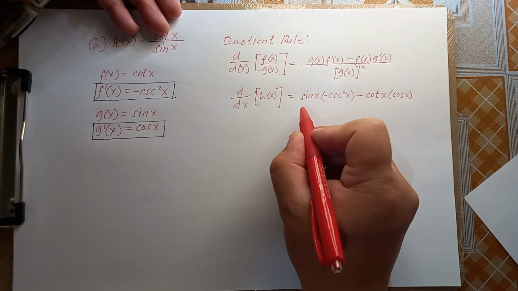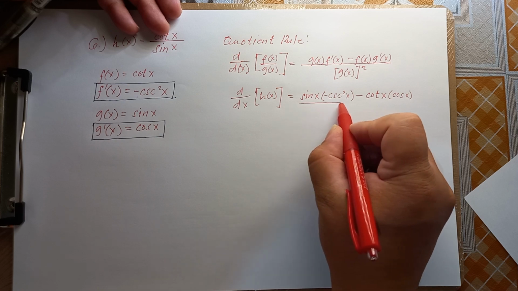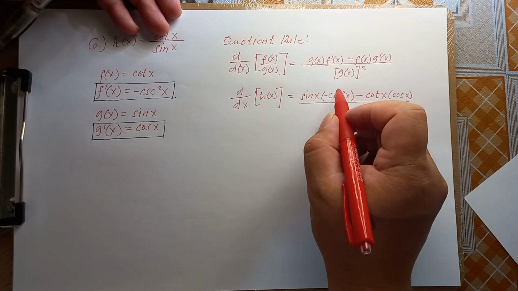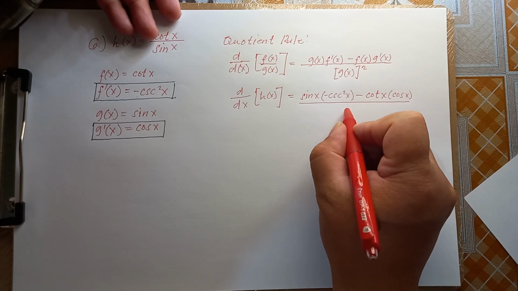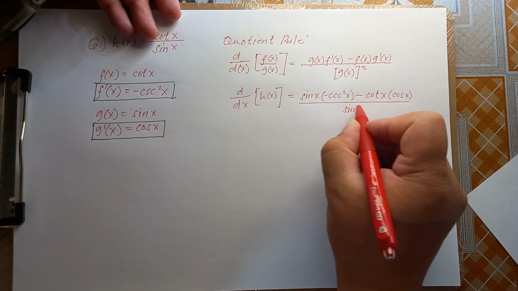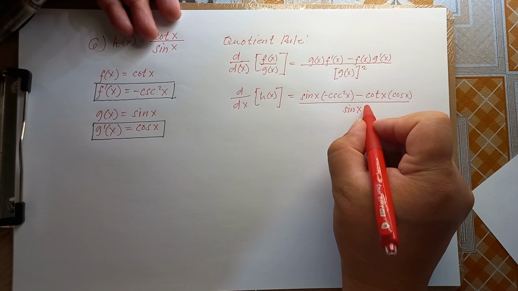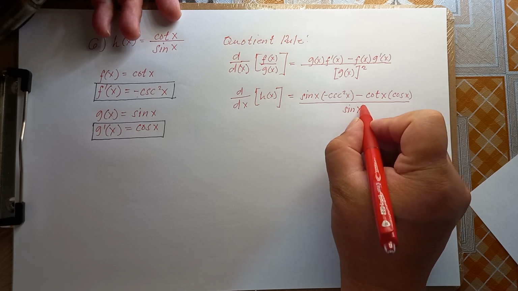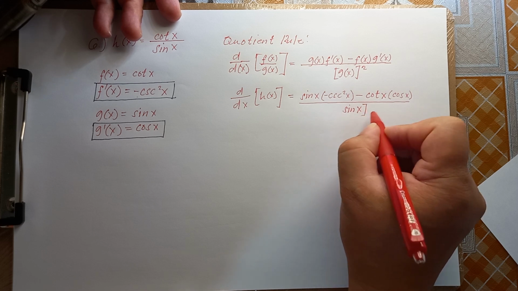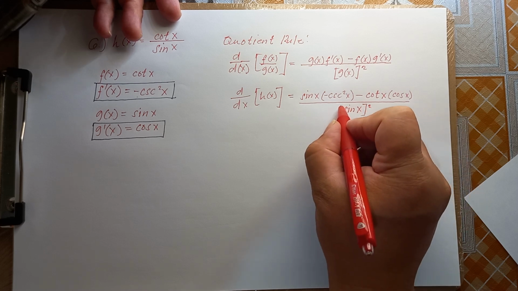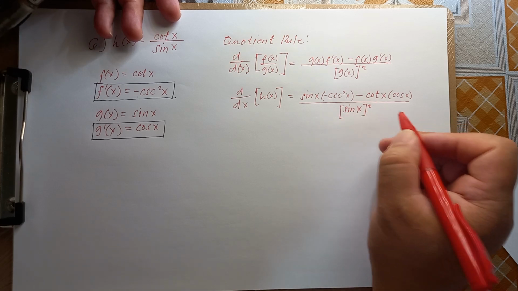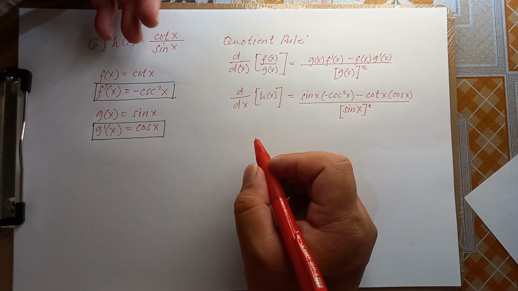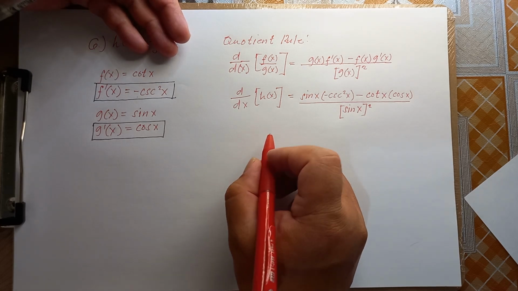Now after that one, we have to divide it by the square of g of x. So what is our g of x? We have sine x. So we have in here sine x. Now the derivative would be h prime of x.